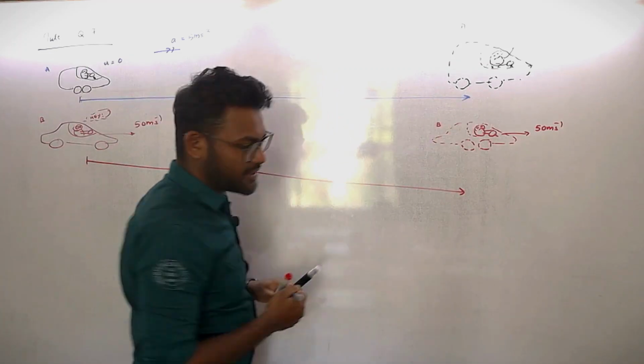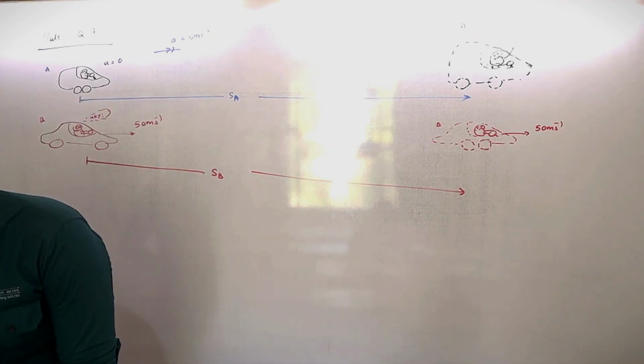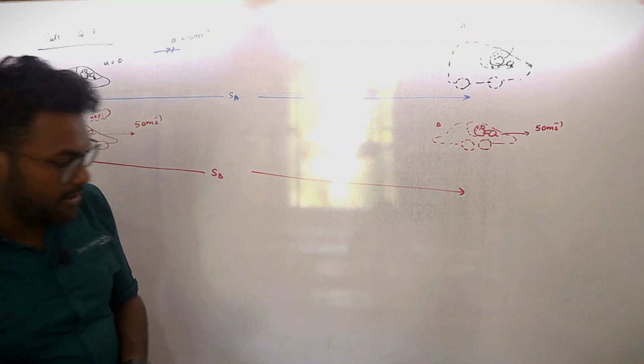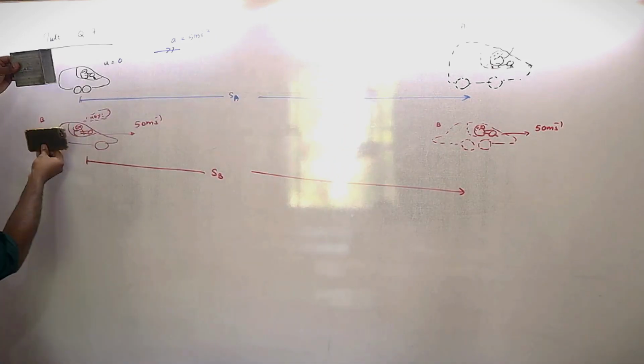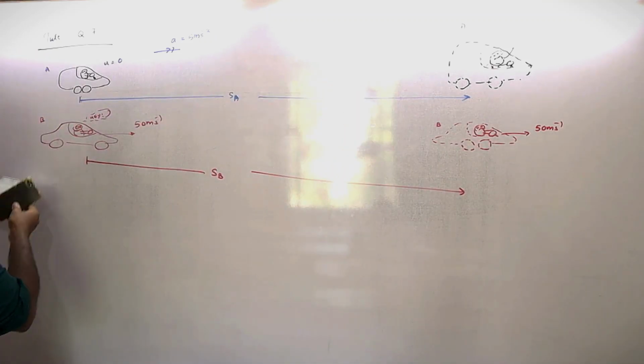That's all we can say. So it's kind of like maybe this and maybe this. Right? So the A and B is like this.